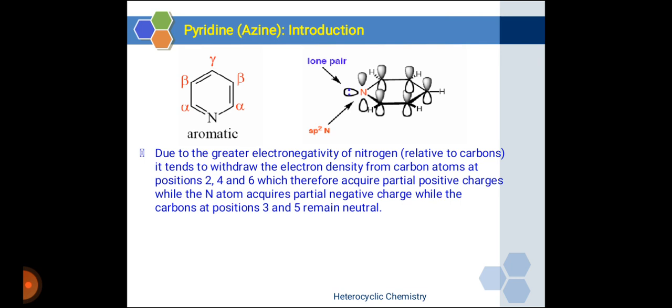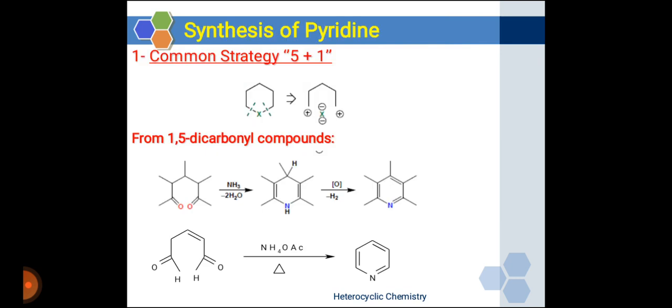Then, how to synthesize pyridine? Commonly, the pyridine structure has 5 carbon atoms and 1 nitrogen atom. Here ring formation occurs at the 1 and 5th positions from 1,5 dicarbonyl compounds.